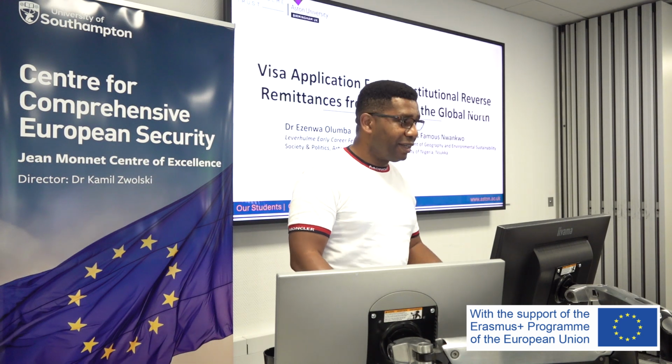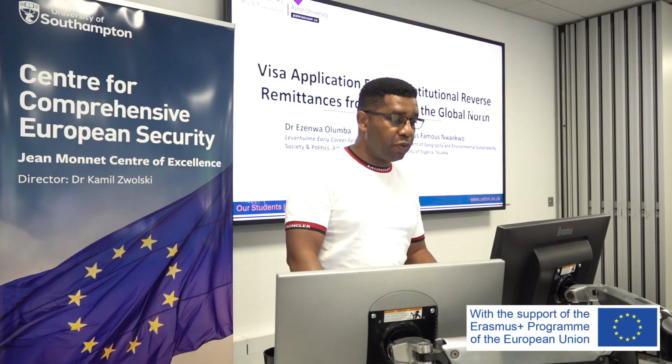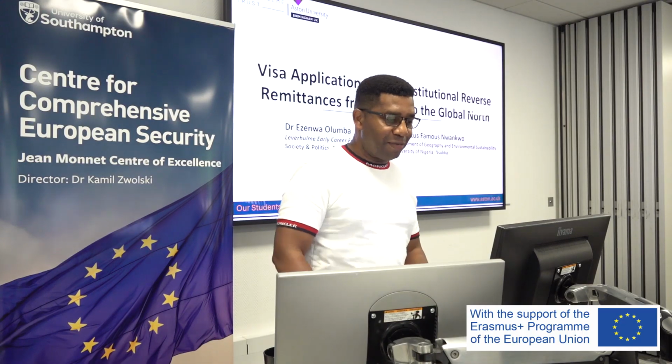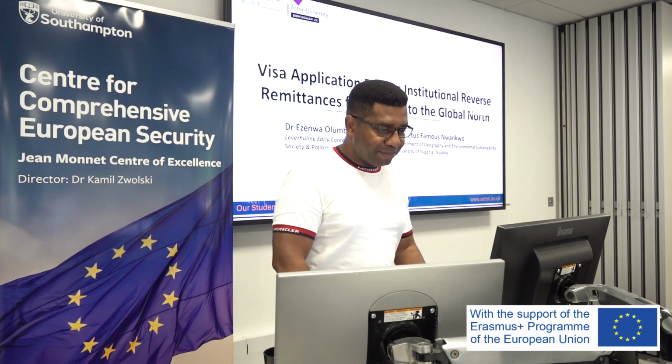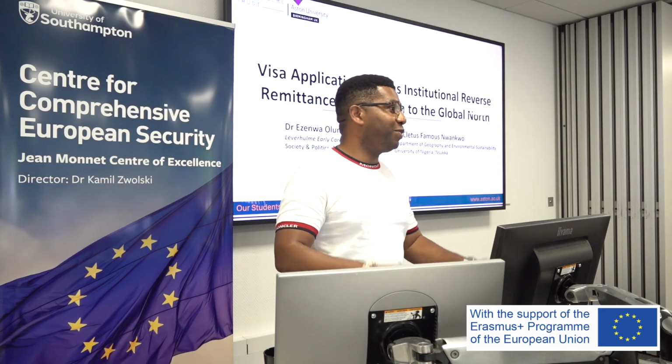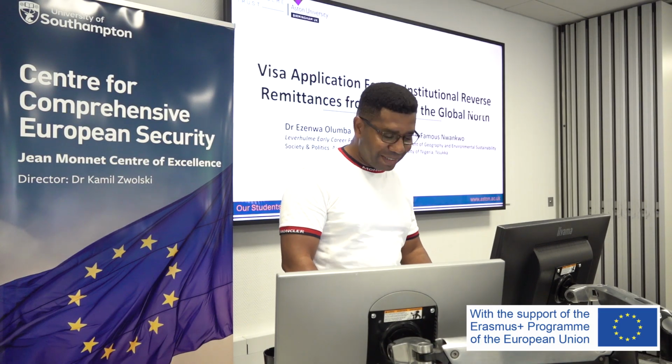My name is, again, Ezenwa, and I'm working on this paper with Dr. Cletus. He's the quantitative guy. We're going to have a lot of tables, and I'm not the quantitative guy, but I can answer a few of your questions regarding the numbers.